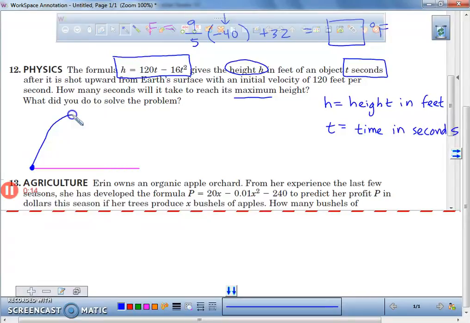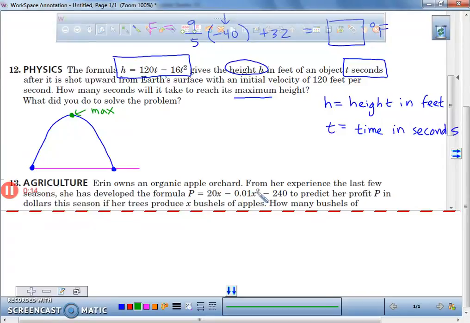Then it's going to reach its maximum height, then eventually hit the Earth. Right here, at its maximum height, put a little point, and call that its max for short.